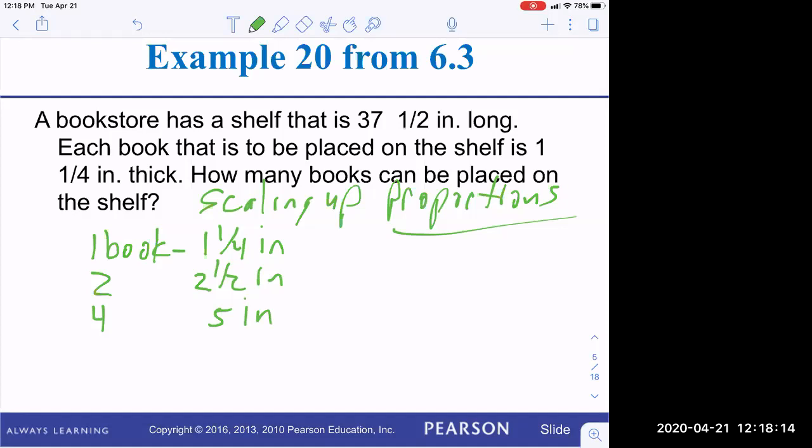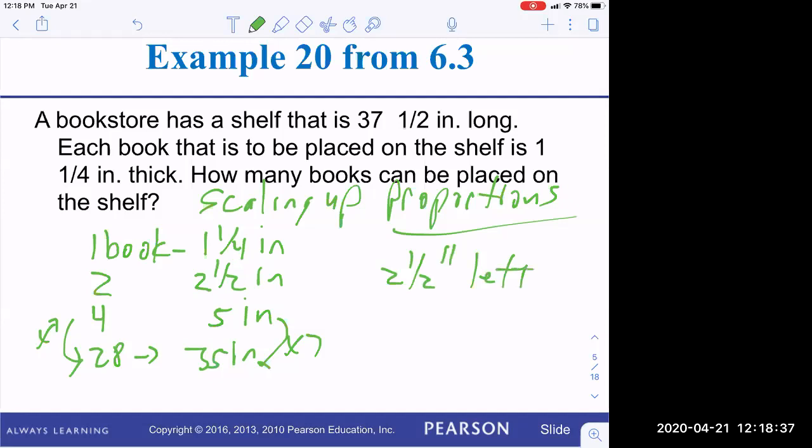Well, now I can make a big leap because I can scale up now to 35 inches, multiplying by 7. Multiply by 7 here. Suddenly I have 28 books for 35 inches. That gives me 2 1/2 inches left.